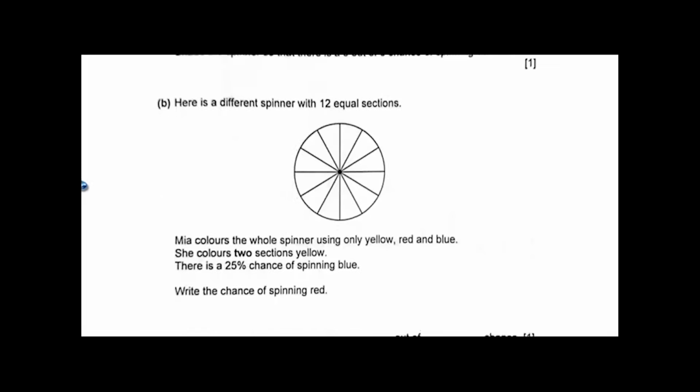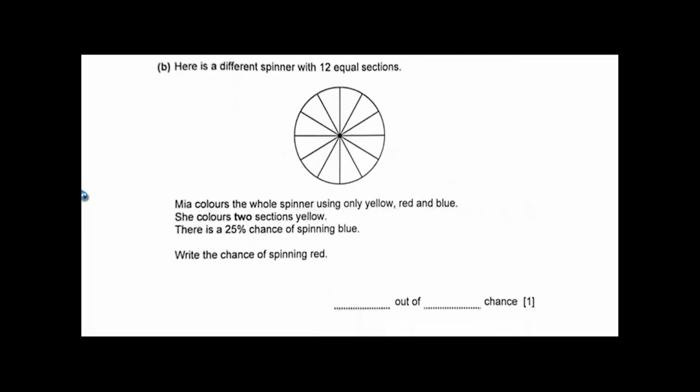Here is a different spinner with 12 equal sections. Mia colors the spinner using only yellow, red, and blue. She colors 2 sections yellow.